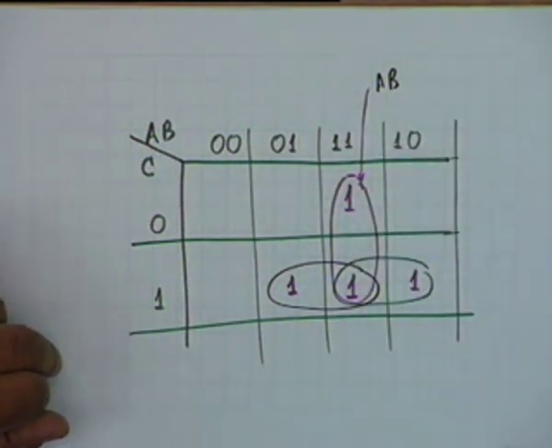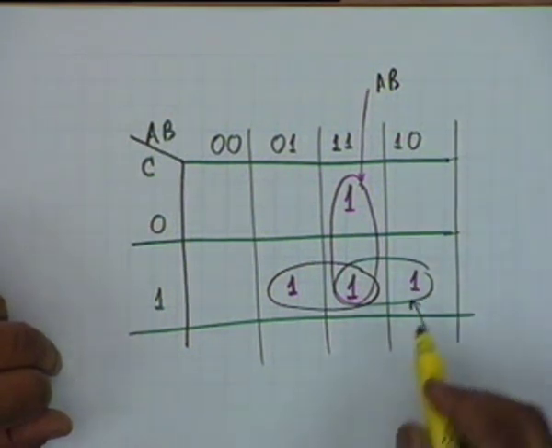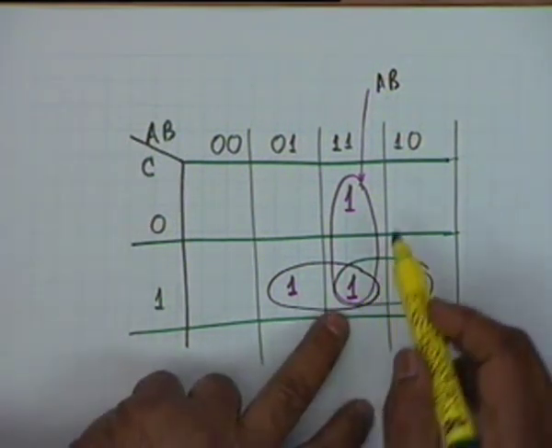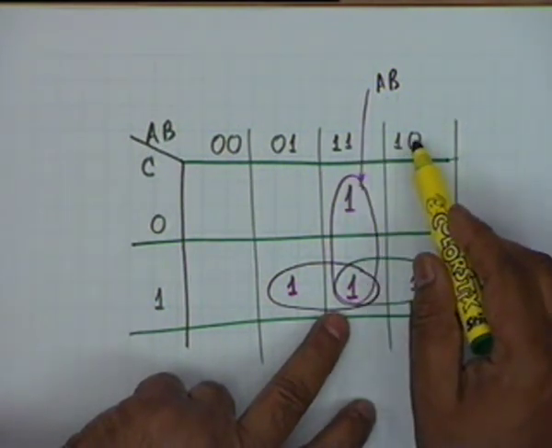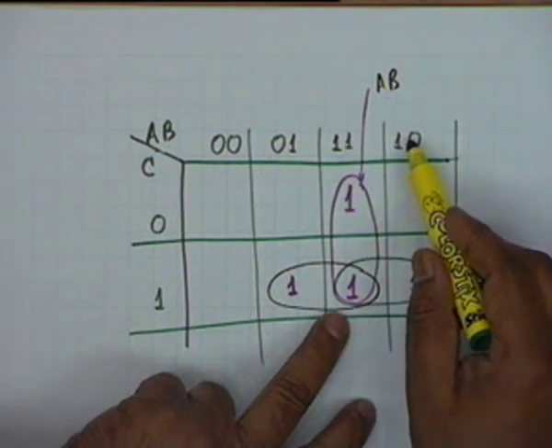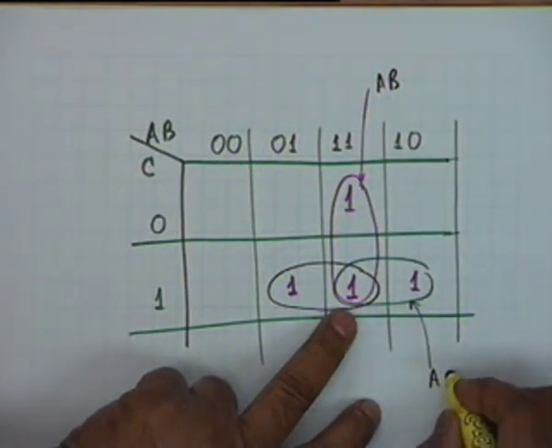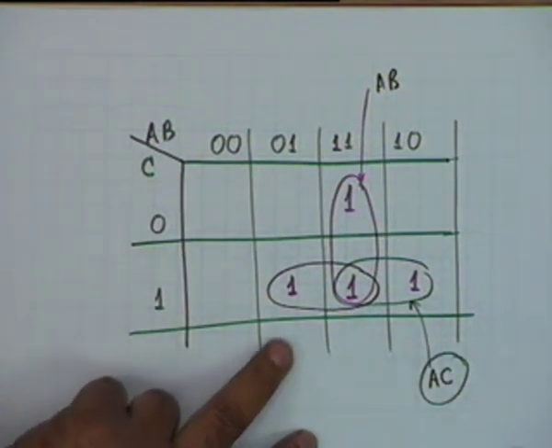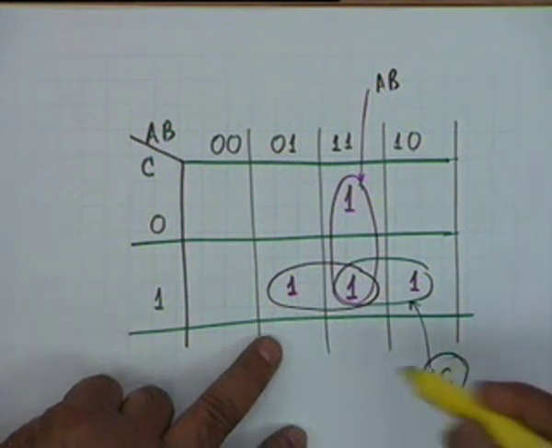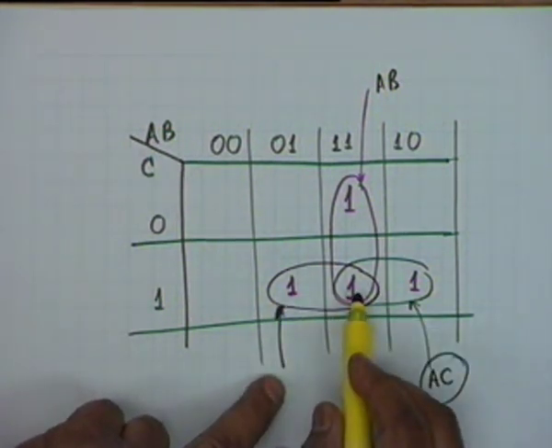The green one, I hope I can find the color. The green one, yes. For this, you see 1 1 1 0. So it is independent of B. B has changed from 1 to 0, but both are 1. And therefore, this is simply AC. And for the black one, finally, it is independent of what?